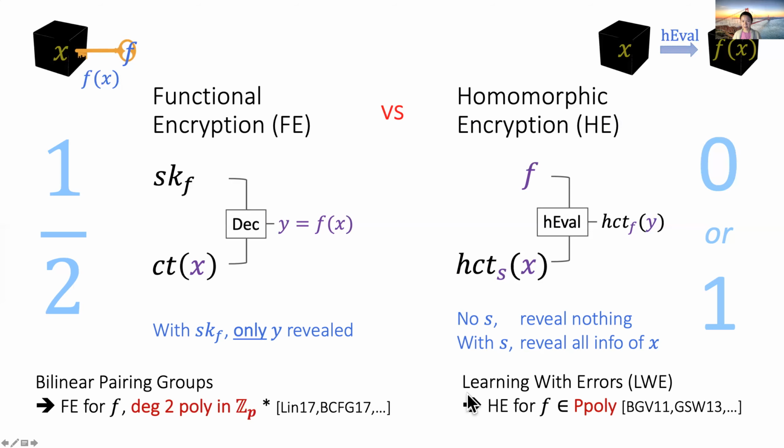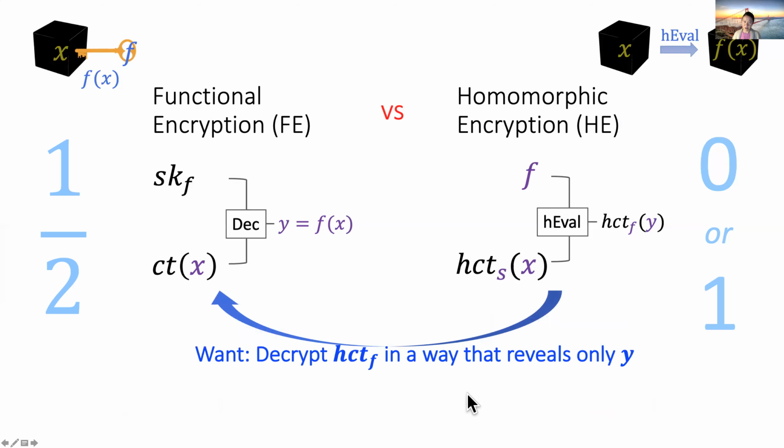Nevertheless, given homomorphic encryption, a natural idea is trying to leverage the fact that it can support complex computation over encrypted input. The only thing to go to the side of functional encryption is to attempt to decrypt the output ciphertext in a way that reveals only the output inside and nothing else.